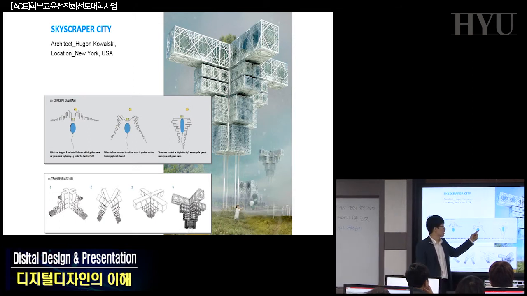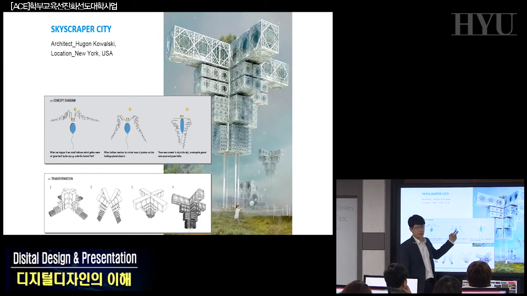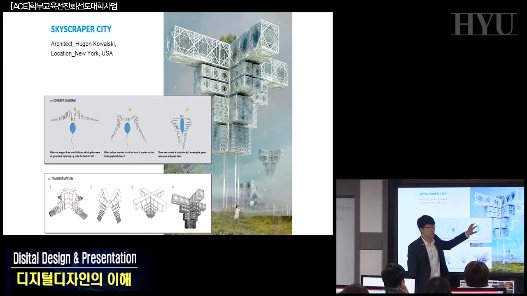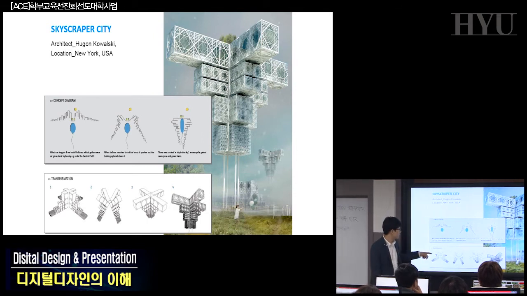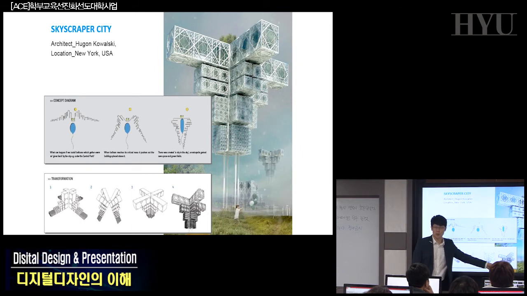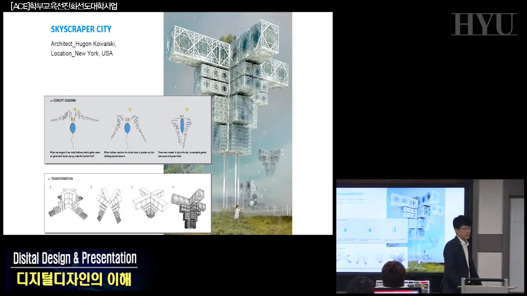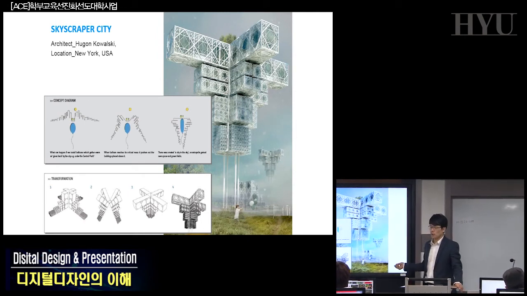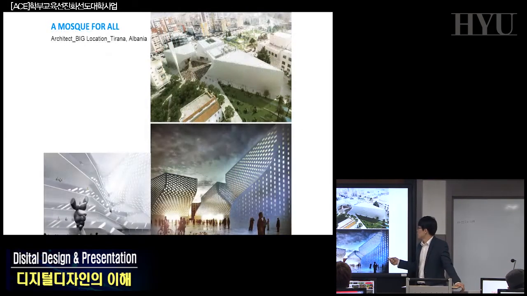This one is going to change the geometric shape, and this one is going to be folded in this way. In the 3D transformation diagram, okay, a series of images will guide you on how this geometric shape can be made. That's the point, okay? That is why this is skyscraper city. The last example, take a look at this one, mosque for all.